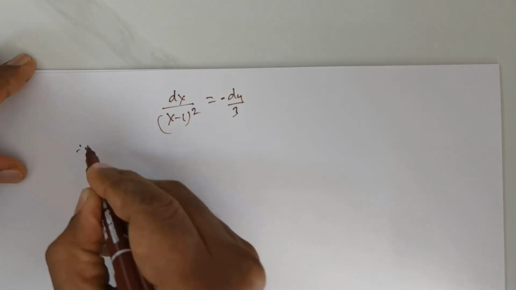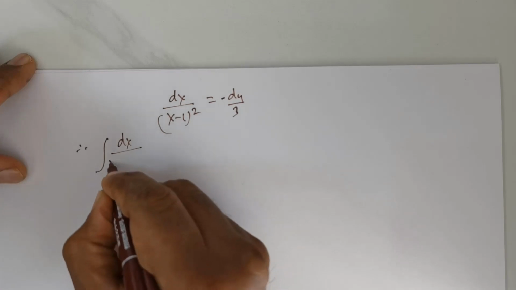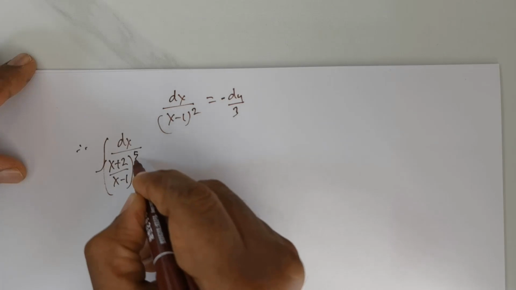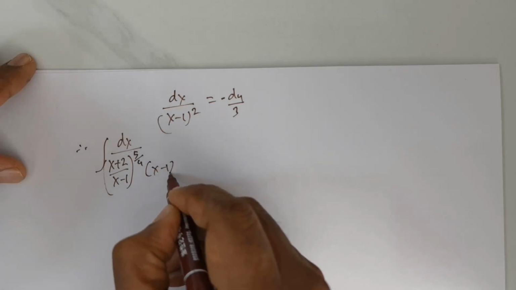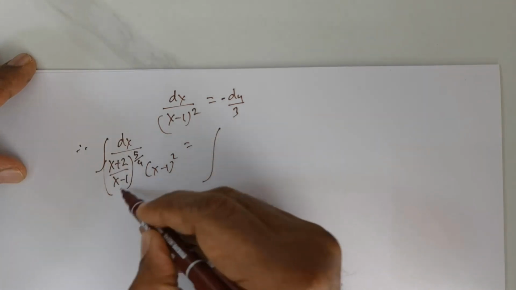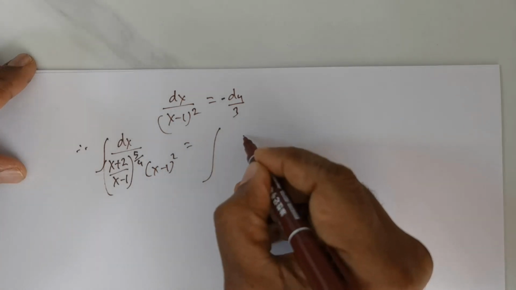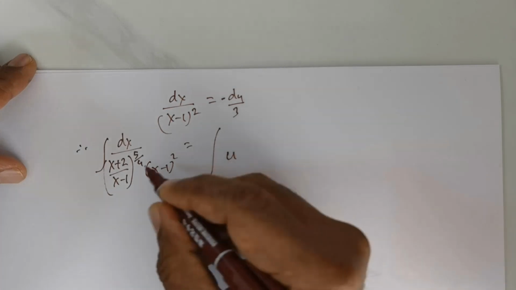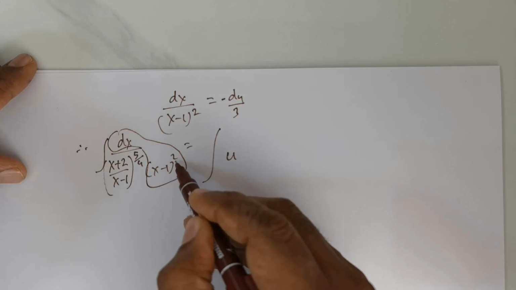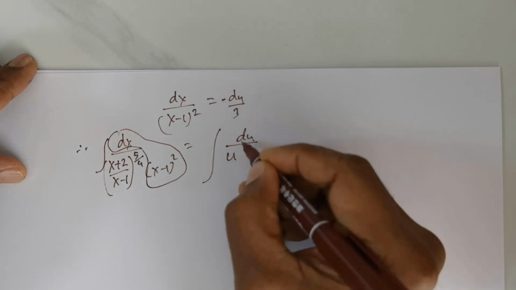So therefore, if you were to look into the question, integral dx over (x+2)^(5/4) times (x-1)^(2)... wait, you can rewrite this as integral: in place of this quantity, this is going to be my u, so you can substitute that, and in place of this entire quantity dx over (x-1)^2, this is going to be du divided by 3.